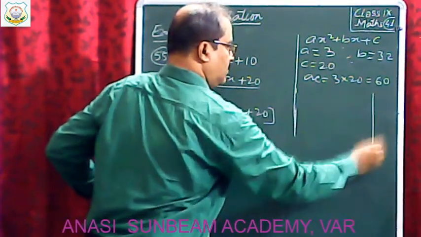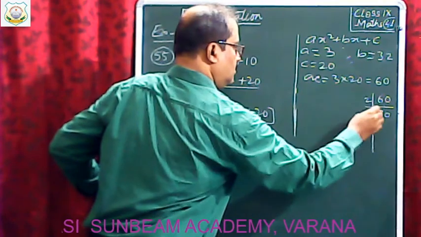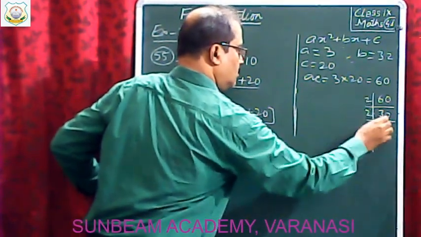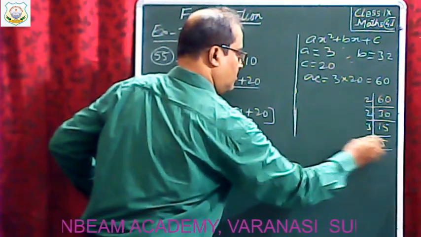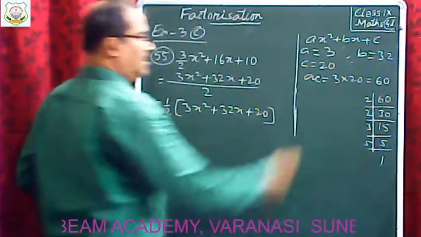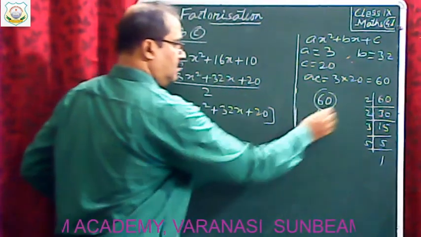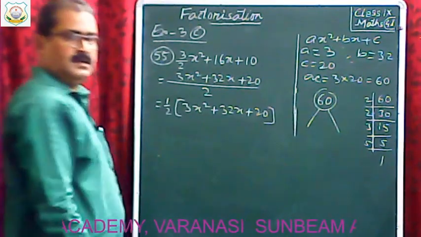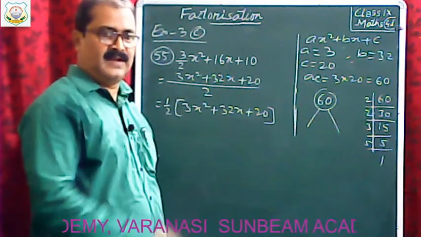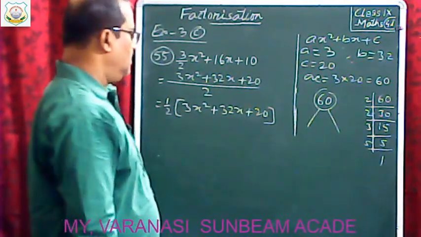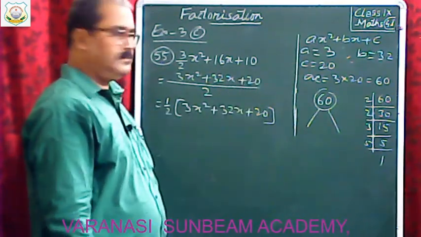Now we have to factorize 60: 30, 2, 15, 3, 5, 5, 1. The product of AC is 60. We have to express 60 as two parts by manipulating the factors, so that the sum of the parts must be equal to 32.